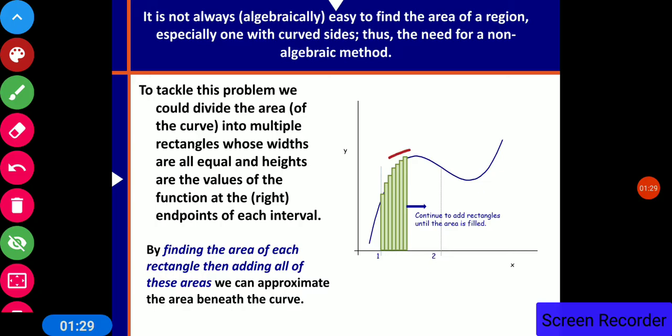So it is from this summing process that the integral was considered.